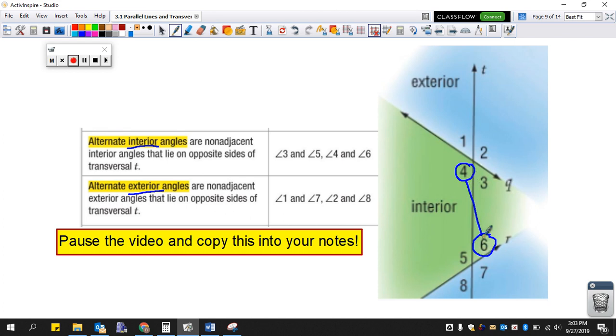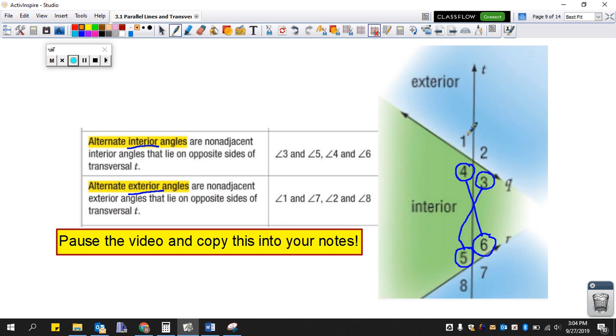So 4 and 6 are alternate interior angles because they lie on opposite sides of the transversal. Along with that, 3 and 5 are alternate interior angles because they lie also on the interior, but they lie on opposite sides of the transversal.